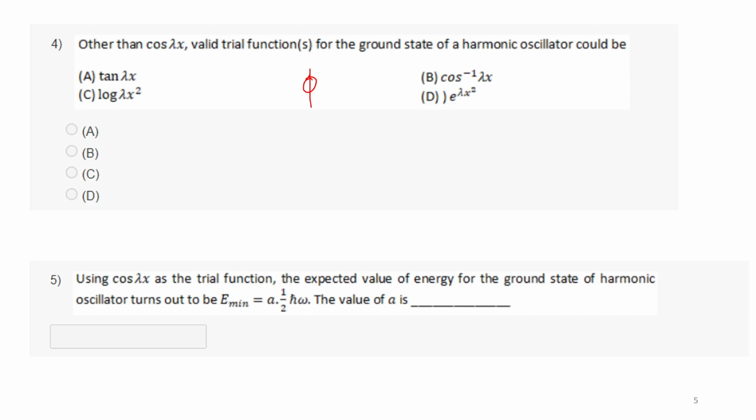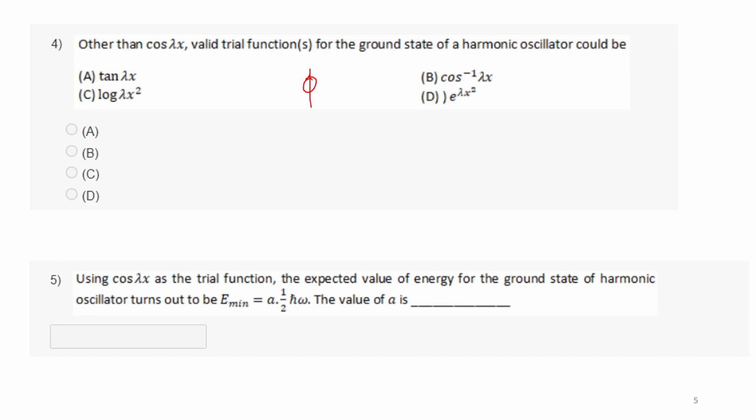Yes. So the phi, the trial wave function, is usually a guess, but as a trial wave function it also has to have some meaning. Means we are guessing it because it has some specific property, right? So if you see cos lambda x, this has been declared.